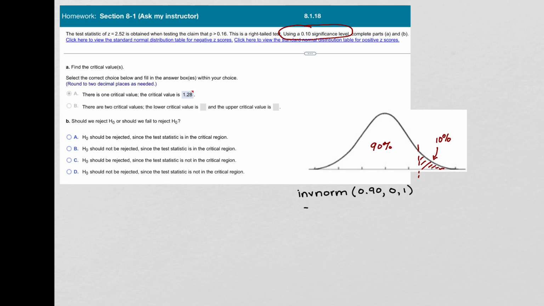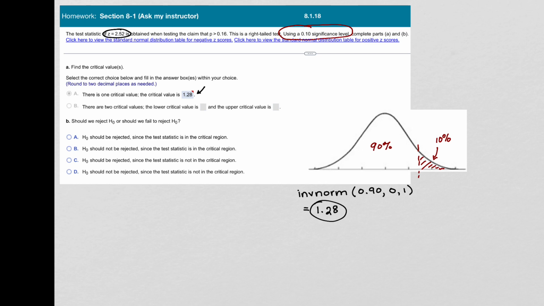And when I calculate that, this gives me my critical value, and that is 1.28. So that's what we put there. And then the question is, should we reject the null hypothesis or should we fail to reject the null hypothesis? So now I'm going to look at my test statistic 2.52.